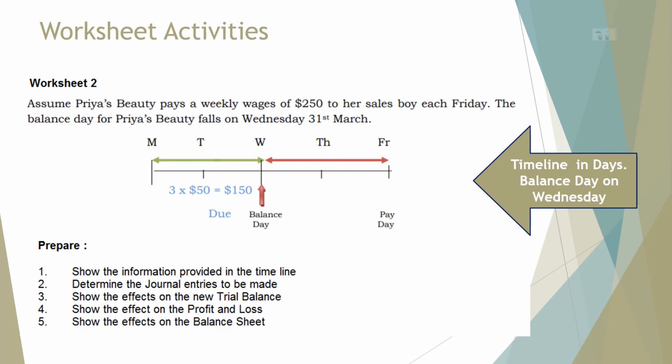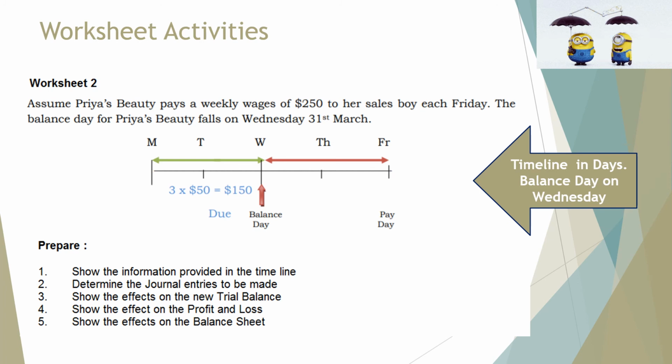Worksheet number 2. In this case, we have weekly wages. Assume Pure Beauty pays weekly wages of $250 to a sales boy each Friday. So every Friday is a payday. The balance day for Priya's Beauty falls on Wednesday, 31st. So by Wednesday, the books are closed.